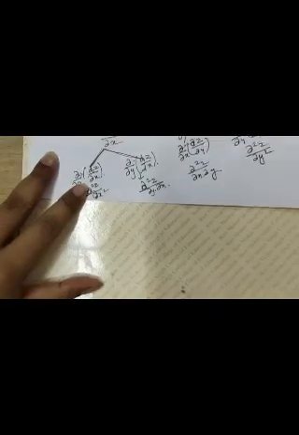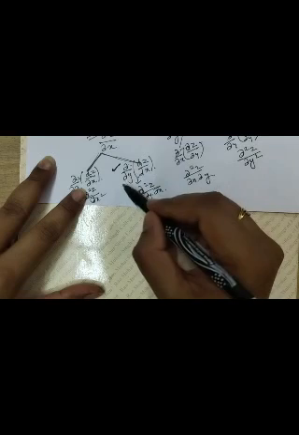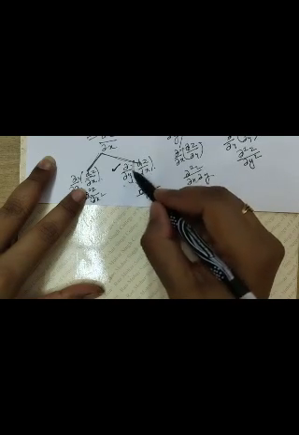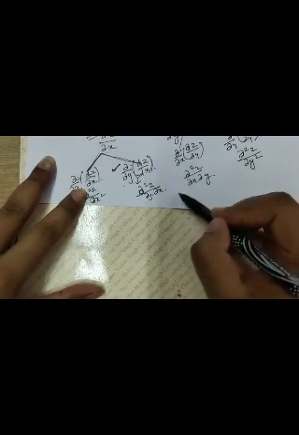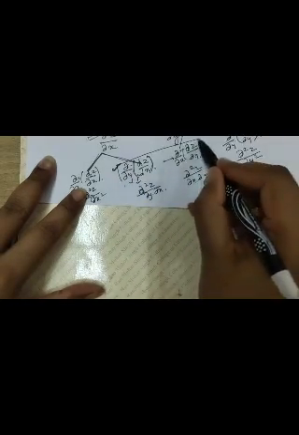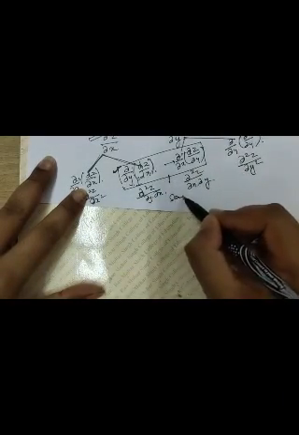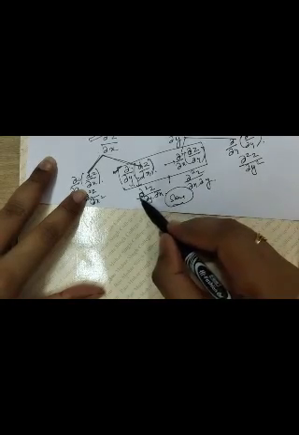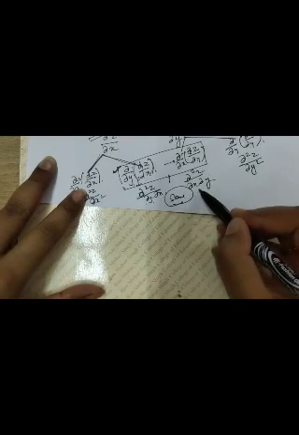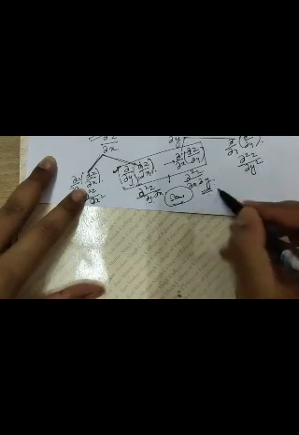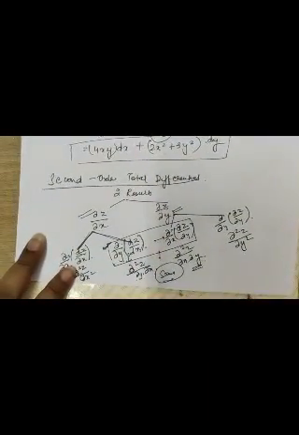Now you see that the result from differentiating delta z by delta x with respect to y and delta z by delta y with respect to x will be the same: delta square z by delta y into delta x equals delta square z by delta x into delta y. This is the concept of second order total differential.